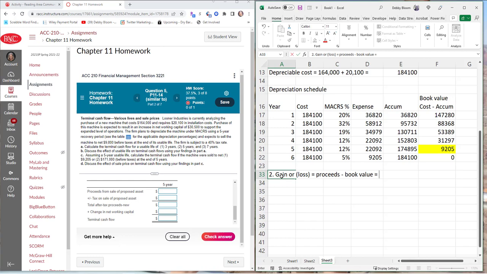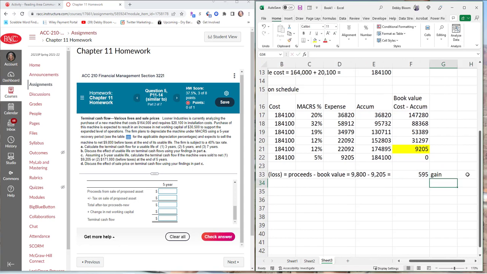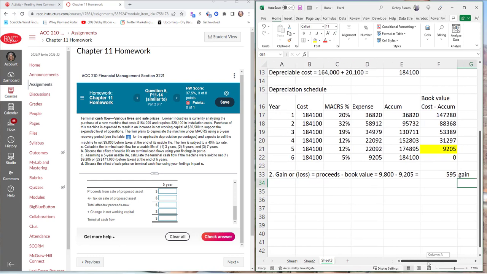We're told in each case that we're going to sell it for $9,800. Our book value is $9,205, so 9,800 minus 9,205 is a positive number, a gain of $595.